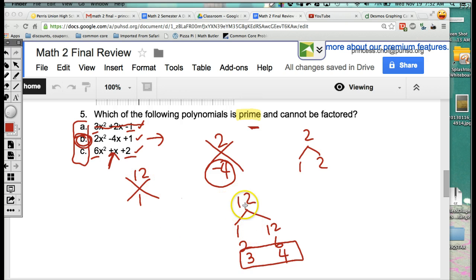If we have a positive number, our answers have to be two positive numbers, and 3 plus 4 cannot ever be 1. This 12 would have to be a negative in order for 3 and 4 to turn into a 1, because one of them would be negative. So this is also an answer. In this case, we would have two answers, B and C.